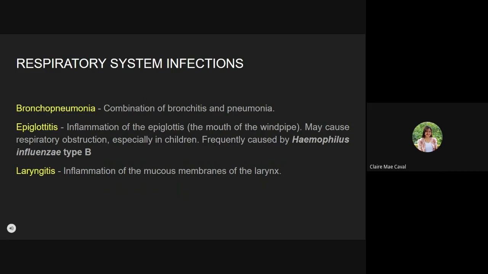Epiglottis, by the way, is a flap of cartilage which acts as a gatekeeper or a guardian of the airways to prevent food particles from entering the lungs. So it opens and closes once the air enters the larynx. Because in your pharynx or in your throat, the air and the food particles are mixed together.